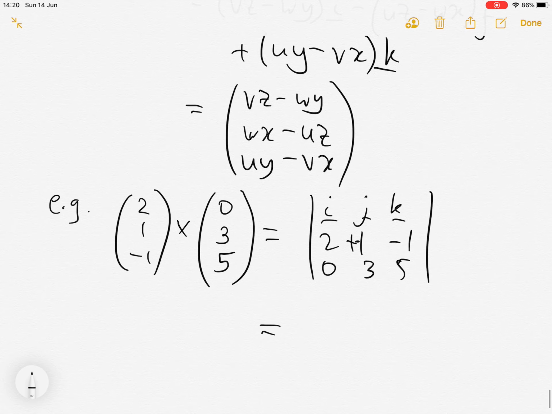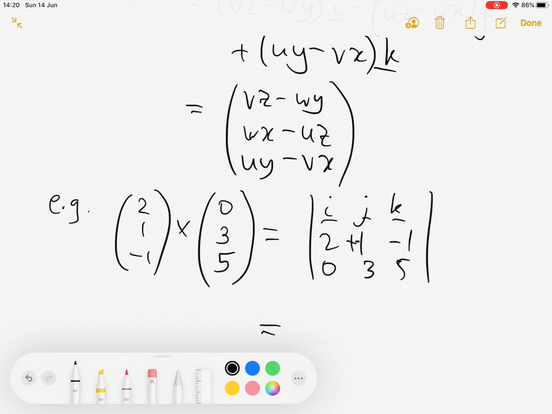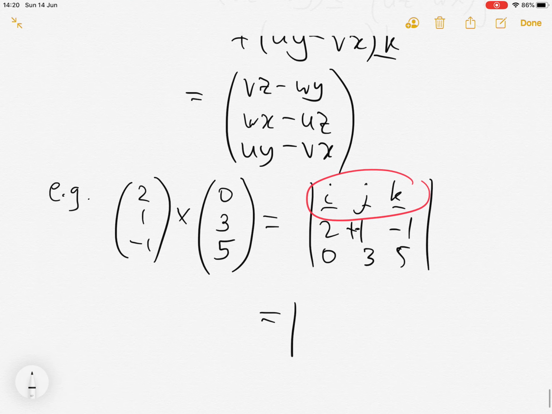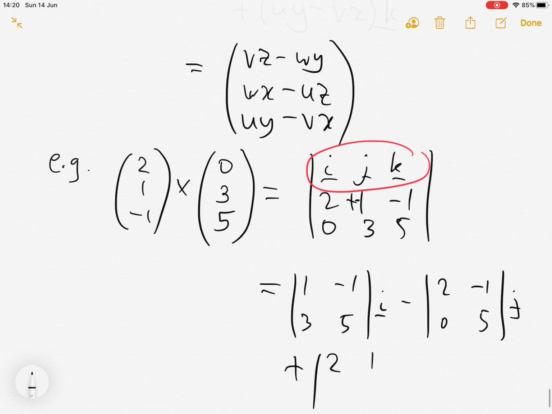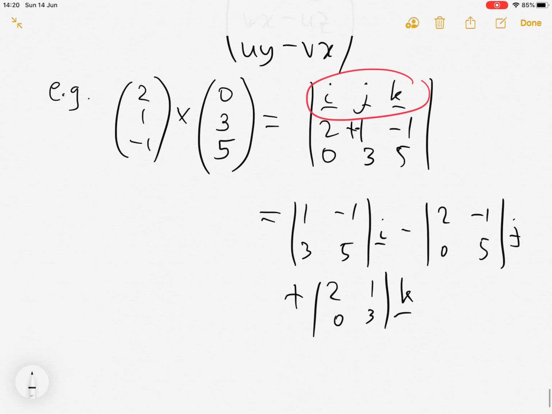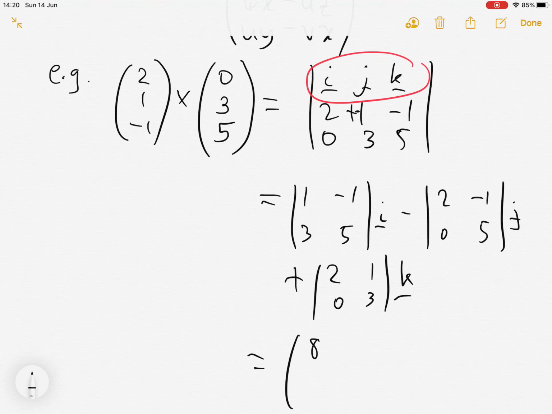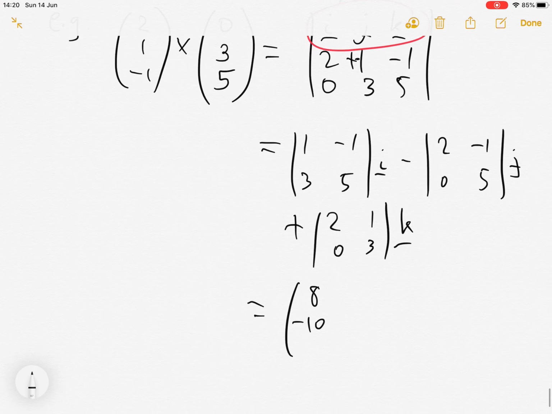And again, I know there's a 0 in the bottom row, but we'll use the top row again. So we're going to get the determinant of (1, minus 1, 3, 5) i, minus (2, minus 1, 0, 5) j, plus (2, 1, 0, 3) k. And then we can see this is 8i, and then we've got minus 10j and 6k. So the answer is the vector (8, minus 10, 6).